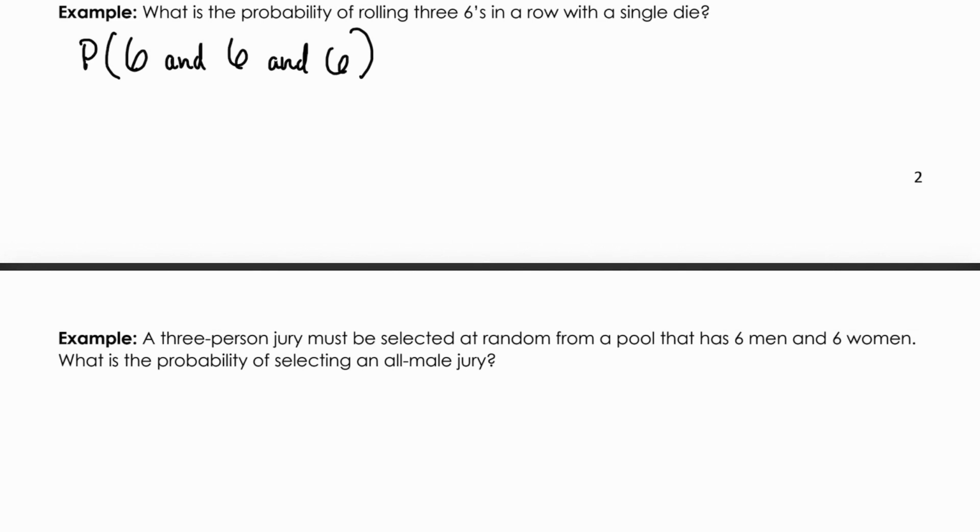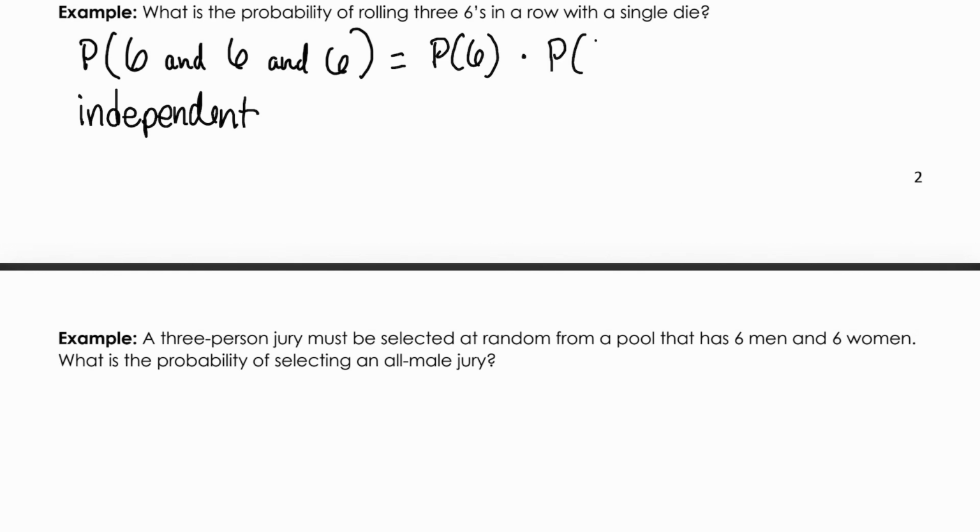So when I roll the first die, if I get a 6, that is not going to affect the probability of getting a 6 on the next die. So I would say that these events are independent. Which means to find the probability of the and statements, if they're independent, you just multiply the probability of the events happening together.